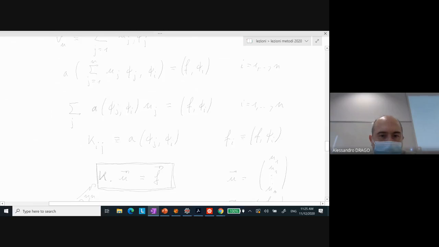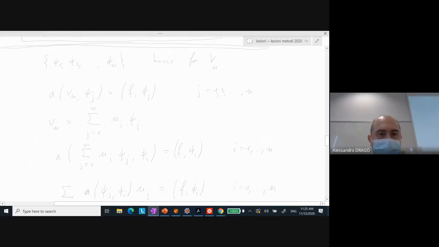The problem is that after we expand everything on this base, we expand, for instance, f on this base, and the equation becomes an algebraic equation, because we also expand, of course, the solution on the same subspace.